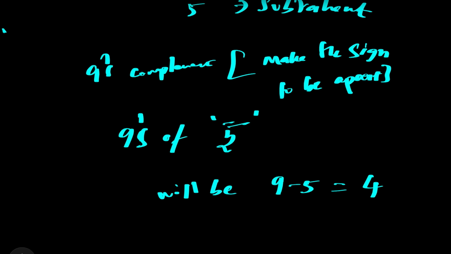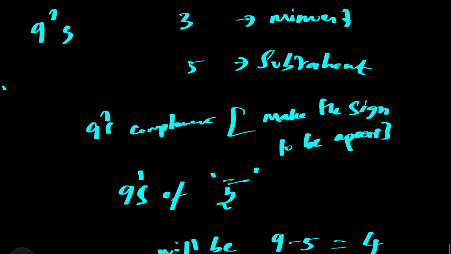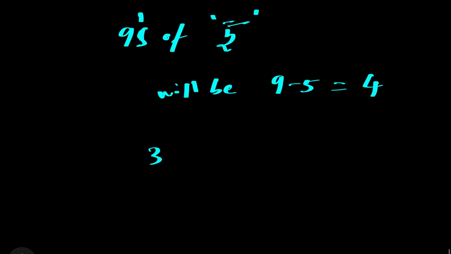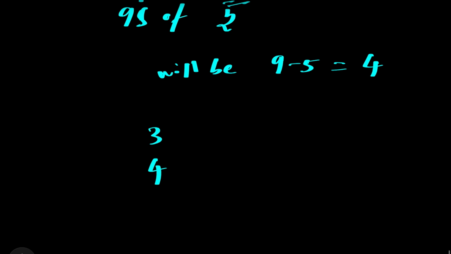It's simple, right? Now what we do, we have the minuend 3 and the 9's complement of the subtrahend is 4, correct? Now we have to do an addition. So no carry is produced.